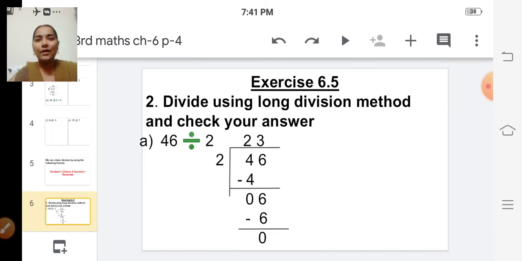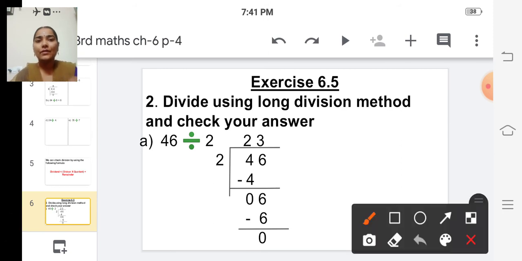Exercise 6.5, second question. Divide using the long division method and check your answer. We have to divide and check the answer using that formula: divisor into quotient plus remainder is equal to dividend.